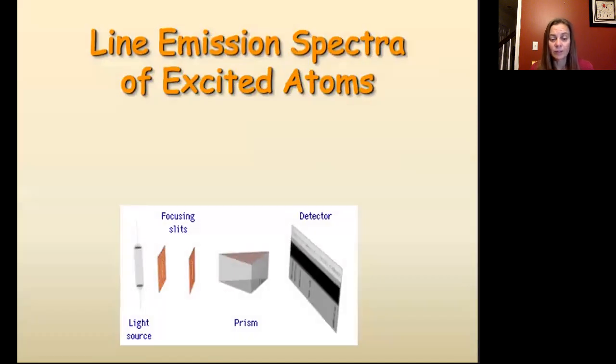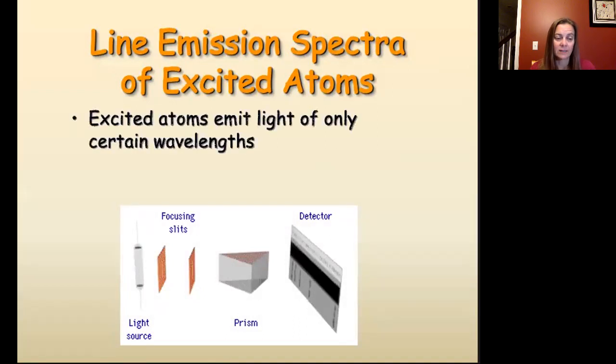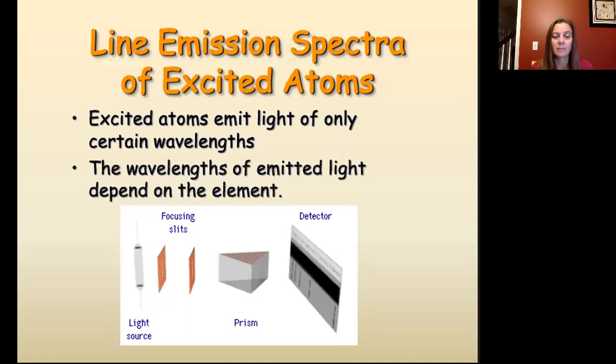So this is Bohr's experiment. We have the light source, the excited elements, and we pass the light through these focusing slits and then through a prism. You guys have probably seen prisms before. They split the light into its different wavelengths, and we have the detector looking at what the results would be.